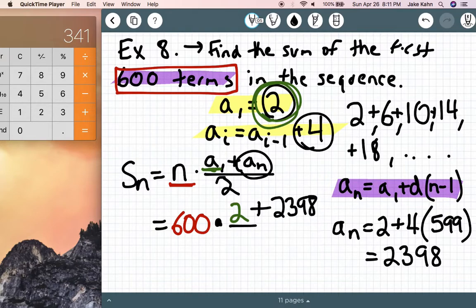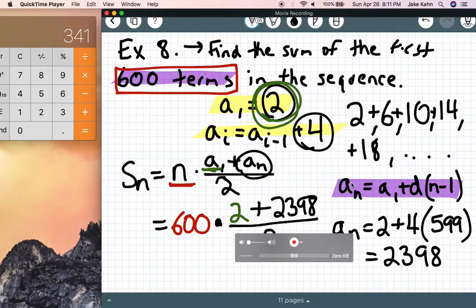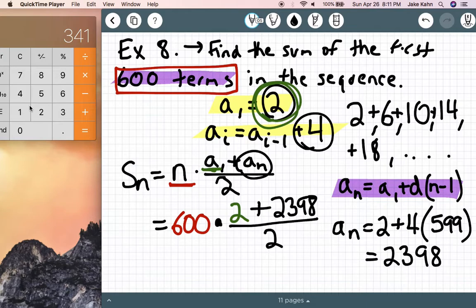We're dividing that by 2. All right, so we do this in our calculator. First thing that we do is this 2 plus 2,398. 2 plus 2,398 is 2,400. Then we divide that by 2. Gives us 1,200. And then we multiply by 600.